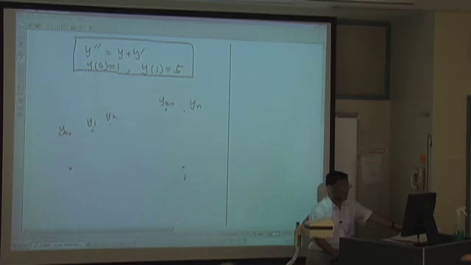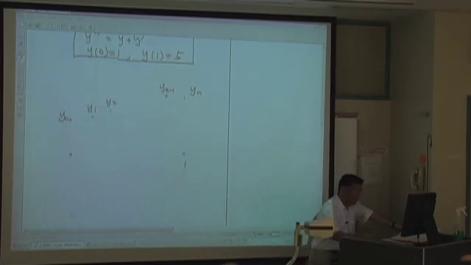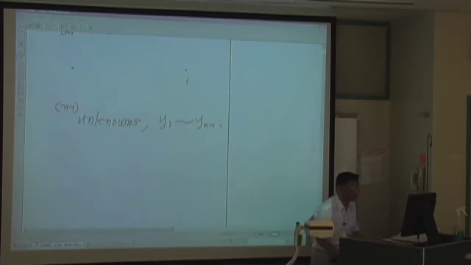Then the idea is this. We have unknowns. Exactly how many unknowns? n minus 1 unknowns, y1 through yn minus 1, right? We have n minus 1 unknowns. And the idea is this. We solve something for these unknowns, right?